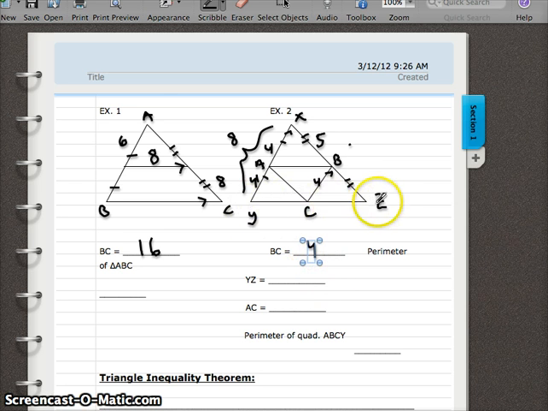So YZ is this entire segment on the bottom here. Let's say that we knew that AB was 3. Well, if it's parallel, and if the scale factor is 1/2, and if A and B are midpoints, then this segment is going to be half of the outer edge, or the outer edge is going to be twice the inner segment. So the outer segment must be twice 3, which is 6.